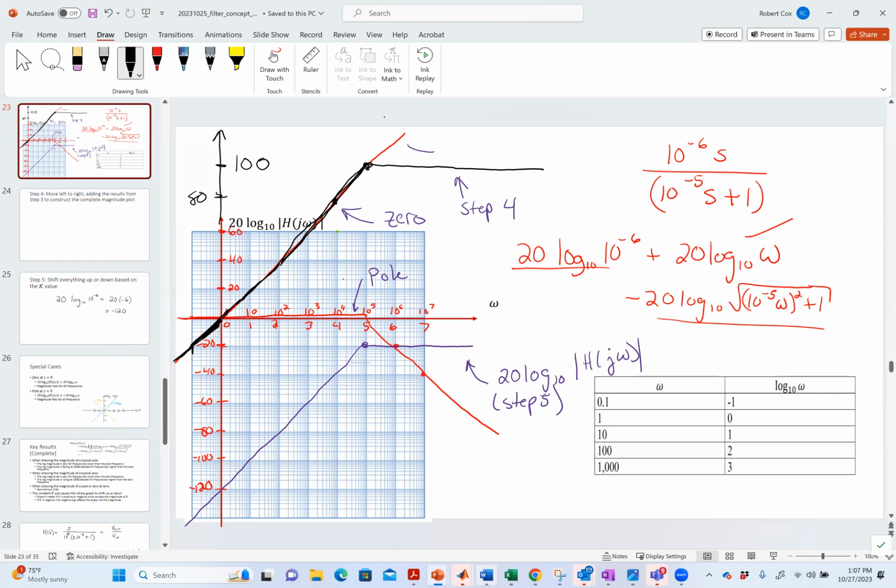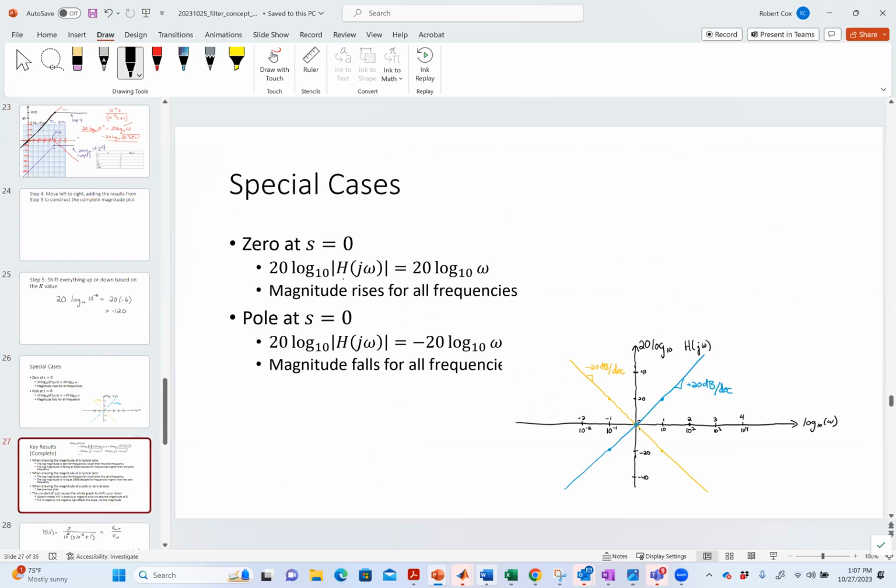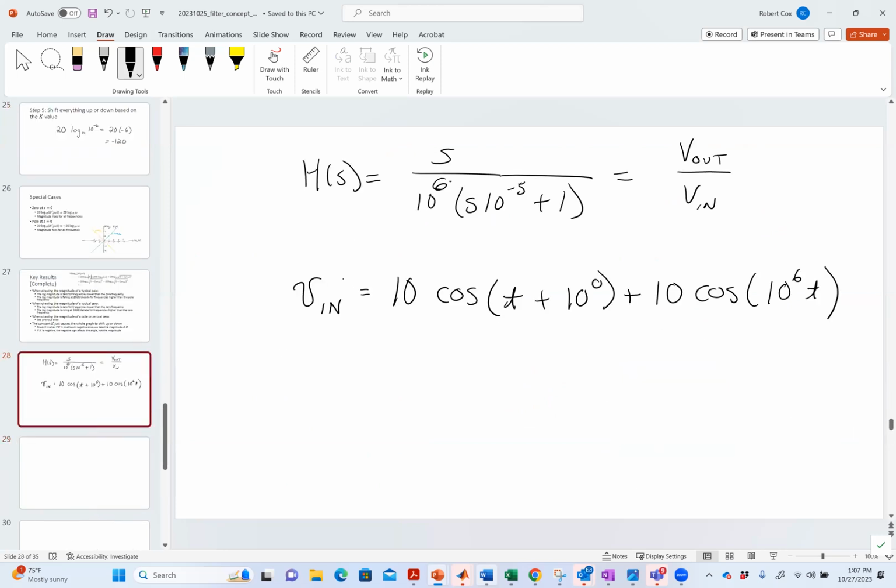So be careful. 20 log magnitude of H of j1 is equal to negative 120. So it's negative 120 decibels.